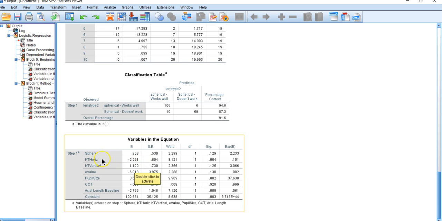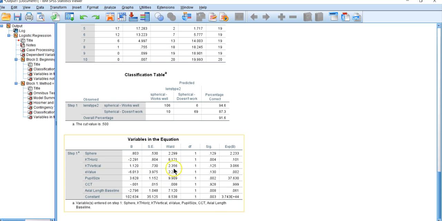We have KT horizontal. So the higher your horizontal keratometry, which I think means, well, I'm not sure. So anyway, if you have a high KT horizontal number, you're more likely to be a good fit.